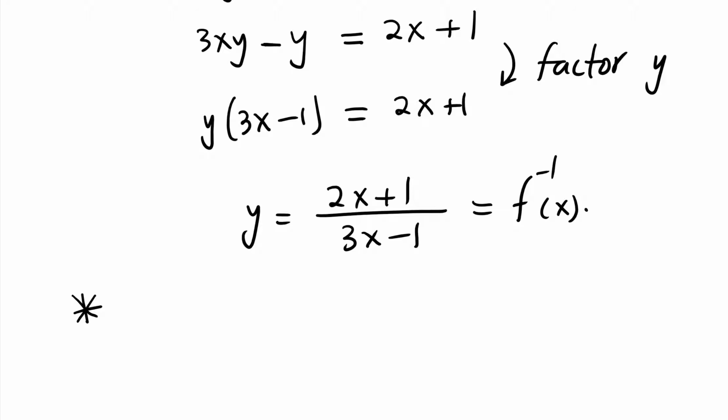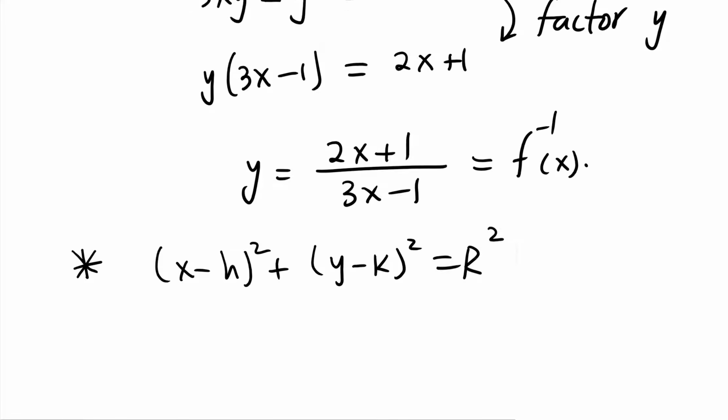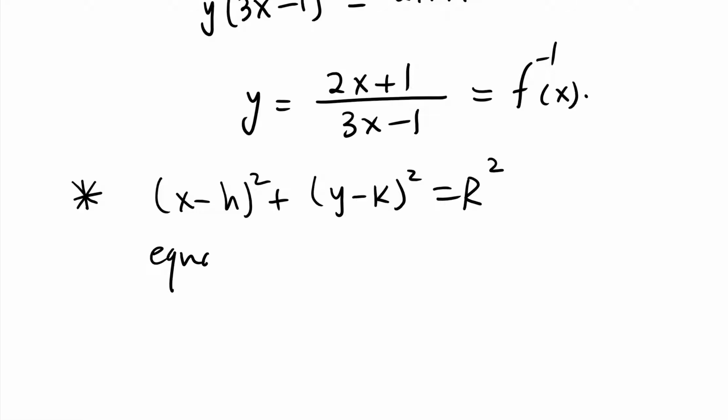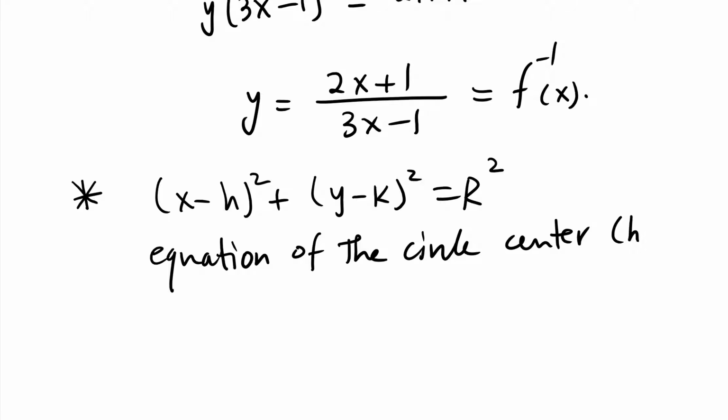Recall, the equation of the circle is given by x minus h squared plus y minus k squared equals r squared. This is the equation of the circle, centered at h, k and radius r.